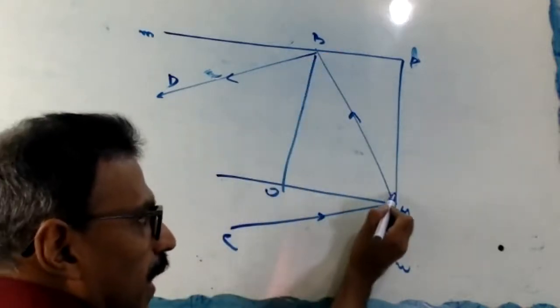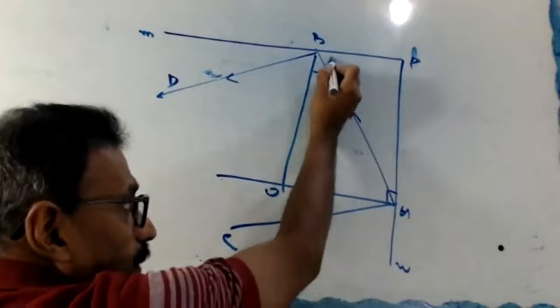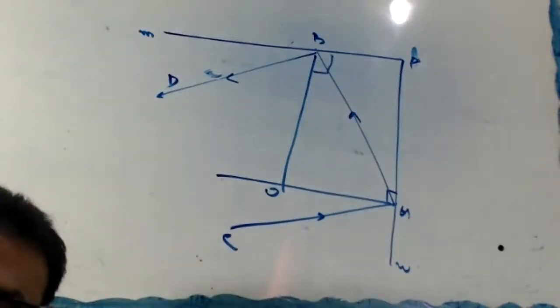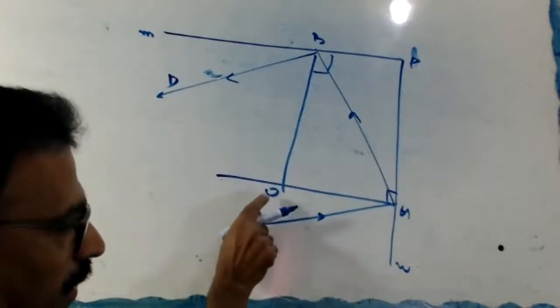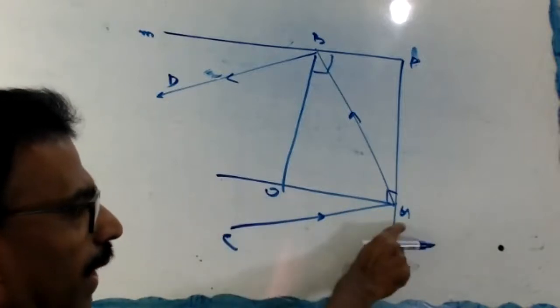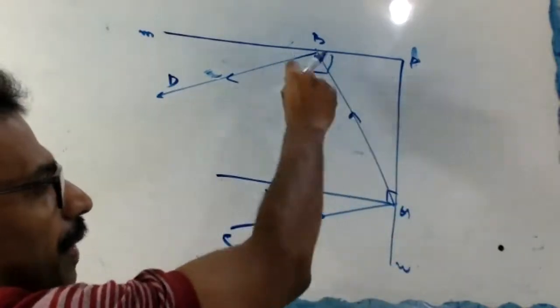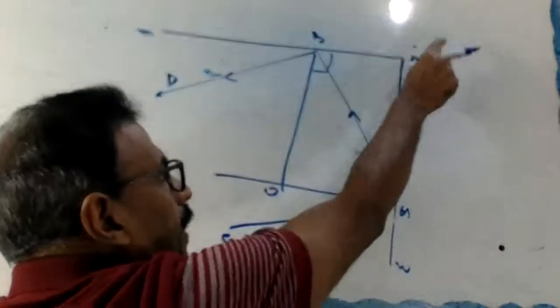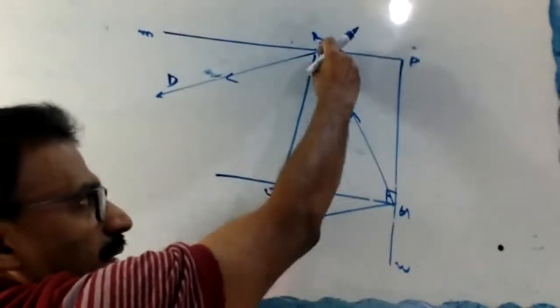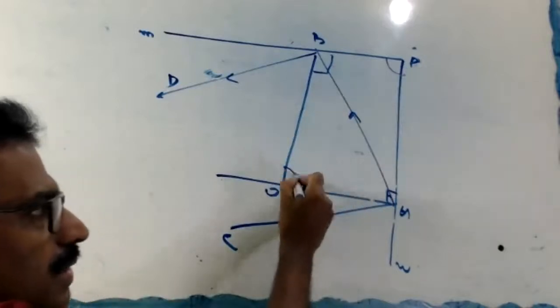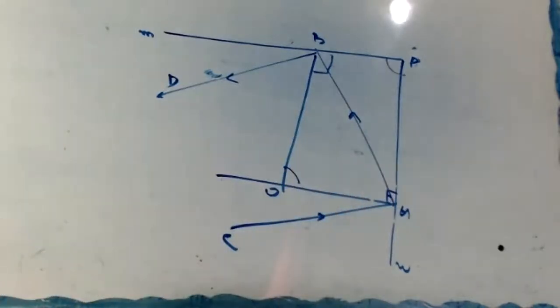This is 90 degrees. That's called the normal. Then in quadrilateral OAPB, this angle is 90 by our construction, this is 90 by construction, this 90 is given. So this is 90. Angle sum property of a quadrilateral.